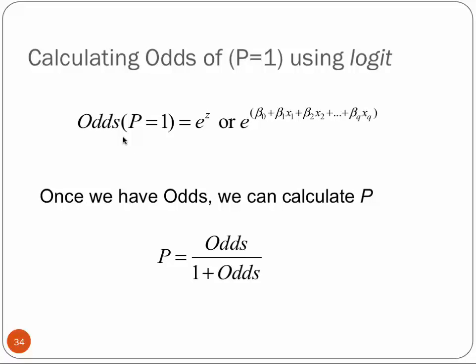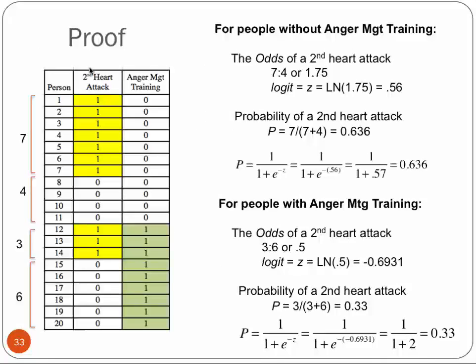The way to think about that is up here, we took the odds and then took the natural log of it and got this value right here, and this time we'll go backwards. We'll say, okay, if this is what the logit is, I'm going to do the inverse natural log, and I'm going to calculate this number again.